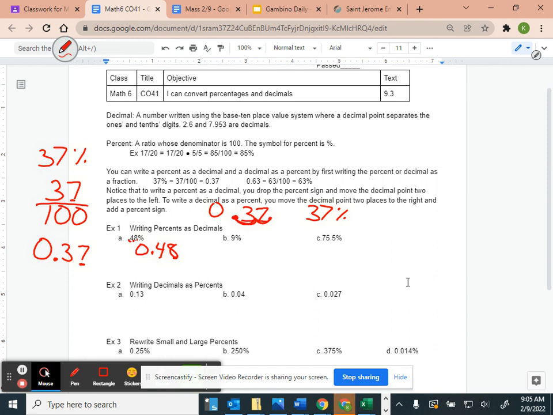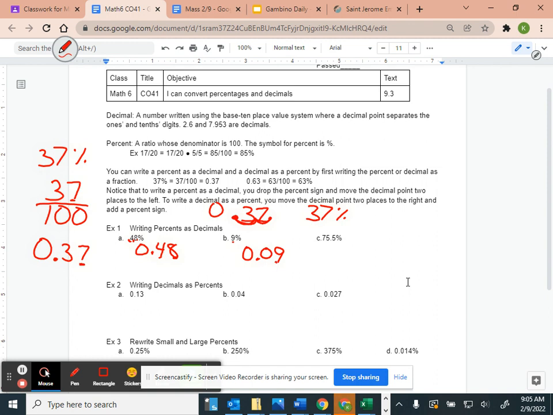So look at B. How would I write 9%? You think you know it, Landon? You know it's a tricky one. How would that look? Can I just take a guess? Take a guess. 0.09. 0.09, because I said that last digit has to be in the 100th place.